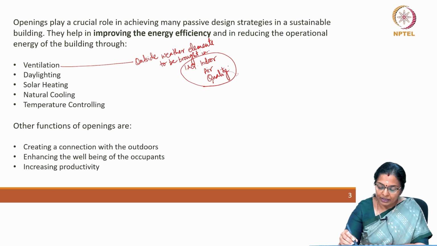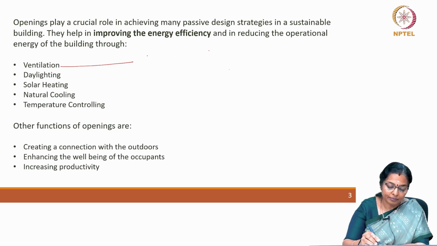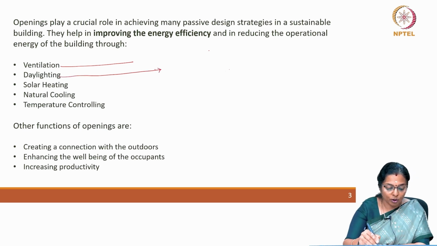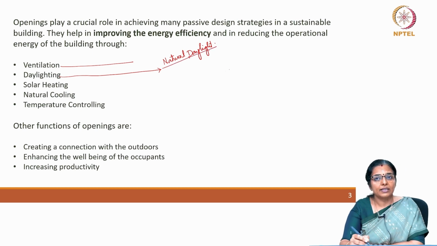ventilation. Now, the second thing that openings can do is bring in daylight. So, daylight is brought in. Now, natural daylight has its own advantages, which we will see in forthcoming classes. Now, what are the benefits?